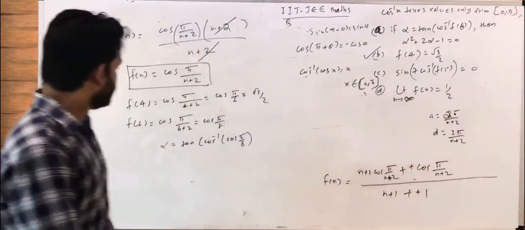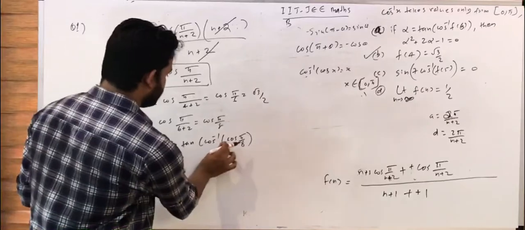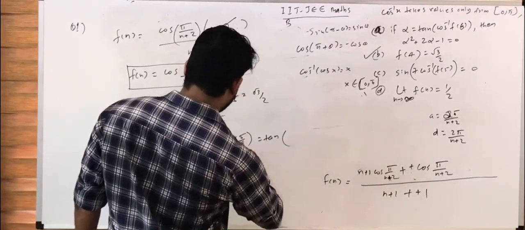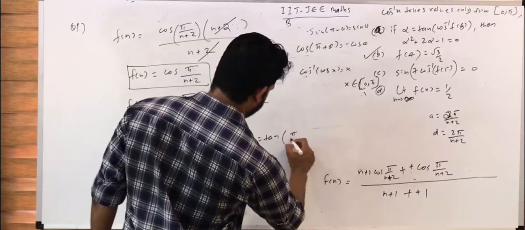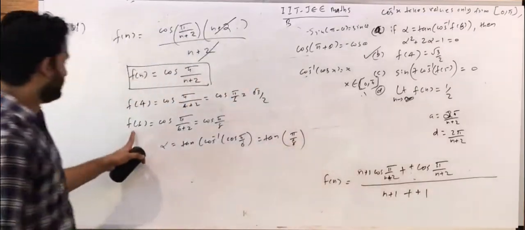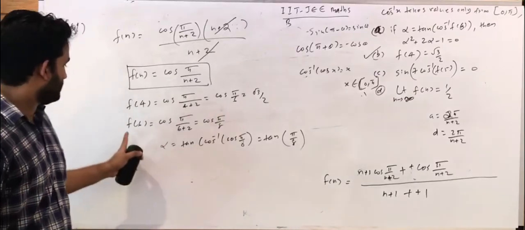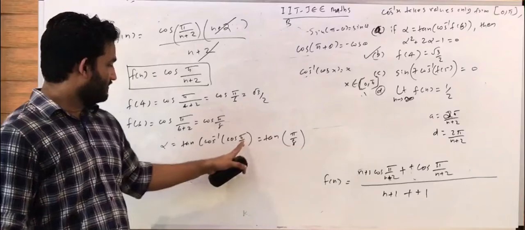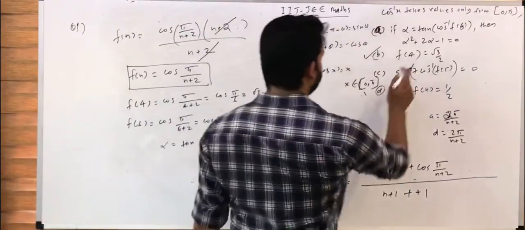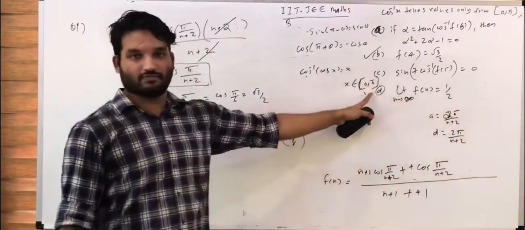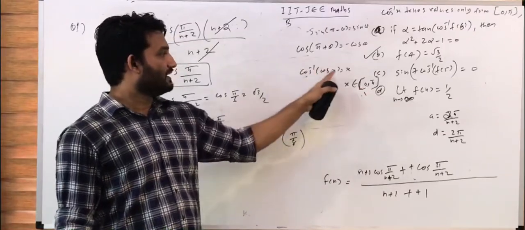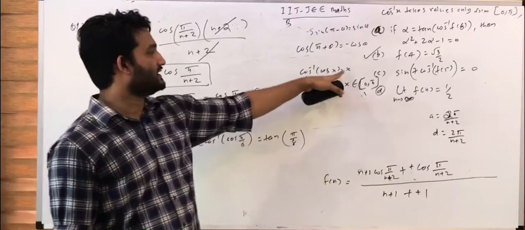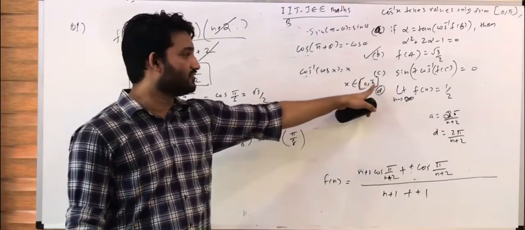Okay, so we can write this cos inverse of cos x as x, so tan of x, that is tan pi by 8. Okay, then for f of 6 we get tan pi by 8. Why? Because this pi by 8 belongs to 0 to pi. Then only this relation is applicable. Okay, so cos inverse of cos x is equal to x only when x belongs to 0 to pi.